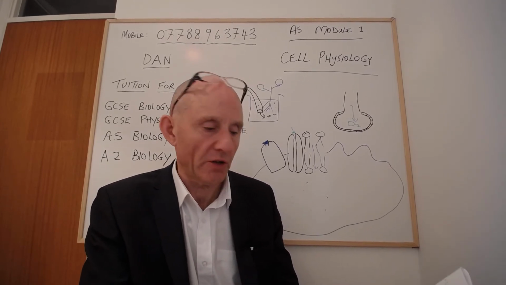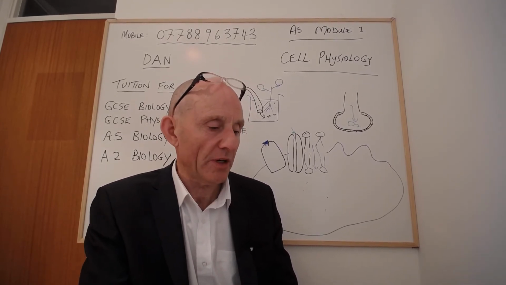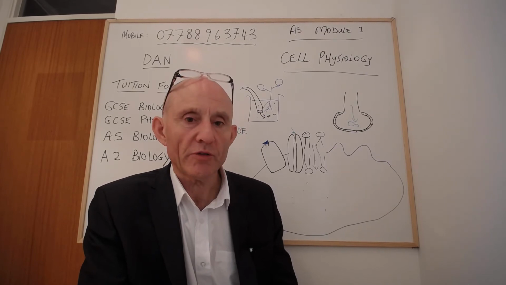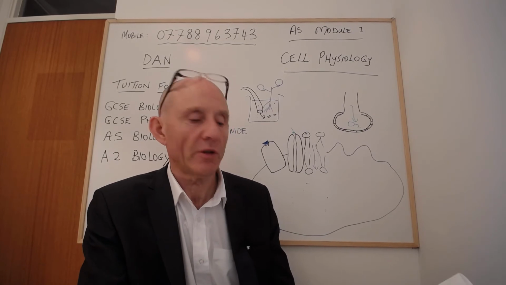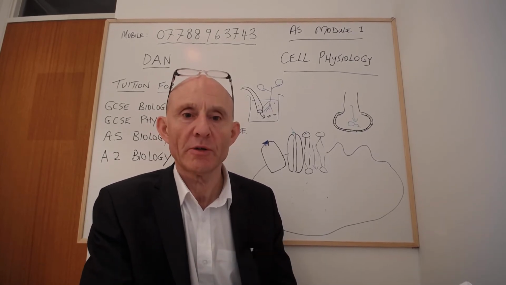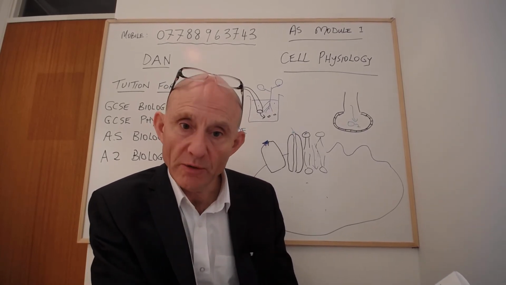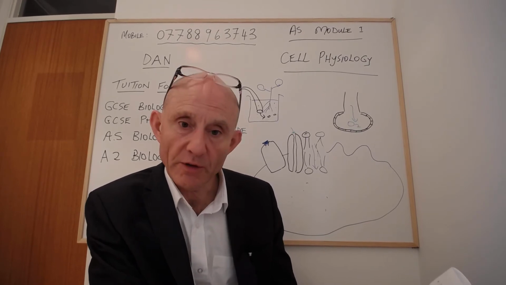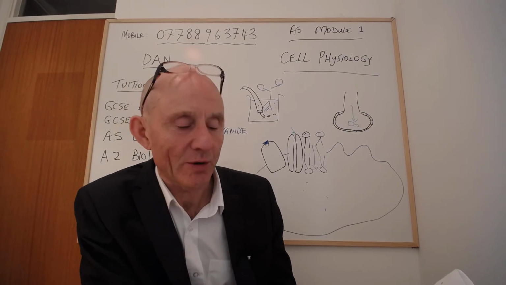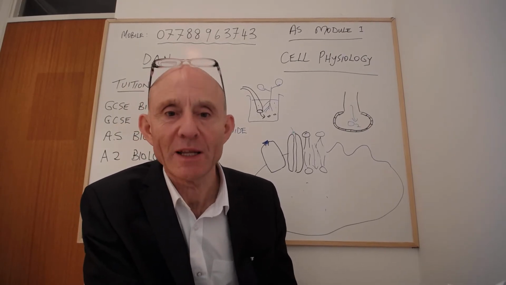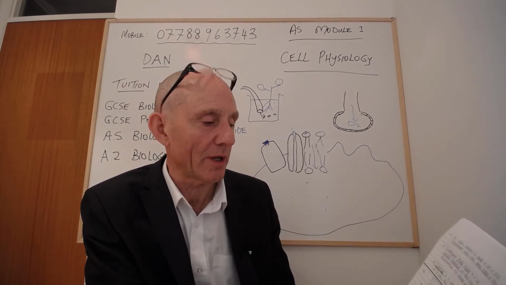On the top line of the table, I've asked which of these three mechanisms are with the concentration gradient, in other words, from high to low concentration? The answer is simple diffusion, high to low concentration; facilitated diffusion, high to low concentration; active transport, no, it's from low to high concentration, so it's against the concentration gradient. So that's the top line of the table.